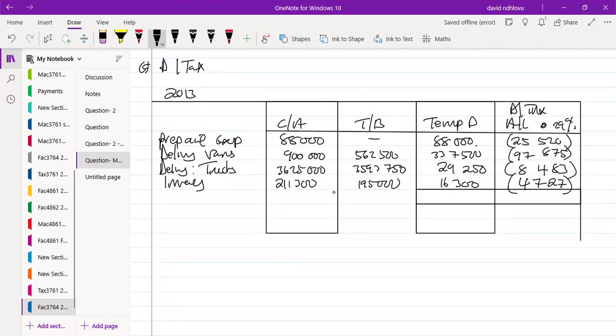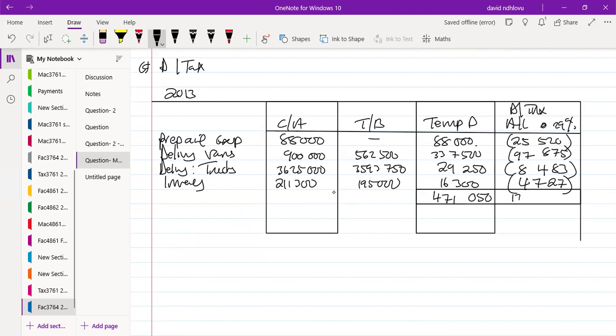So 88,000 plus 33,750, I don't think that figure is correct. It's 900,000 minus 562,500. That's correct. Plus 88,000 plus 29,250 plus 16,300. Then we are sitting on 471,050 times 0.29.